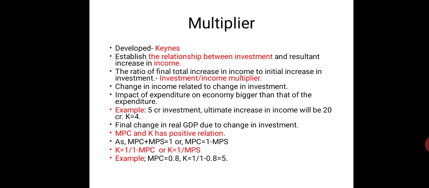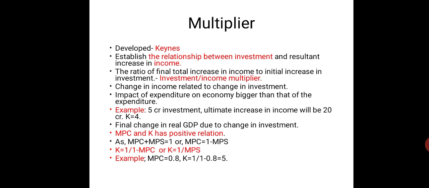Professor Keynes termed this ratio of final total increase in income to the initial increase in investment as the investment multiplier or income multiplier. And this is the concept of multiplier. So basically multiplier establishes a relationship between investment and income.